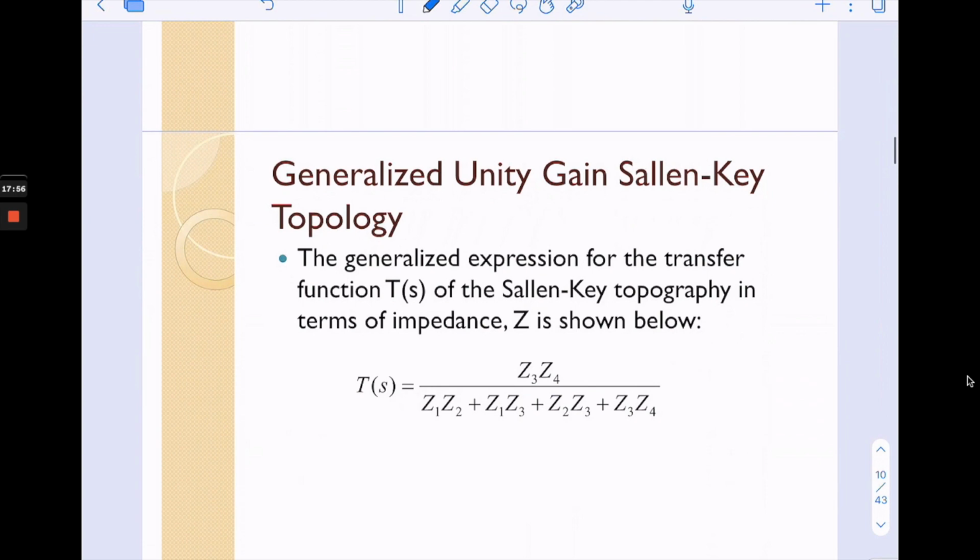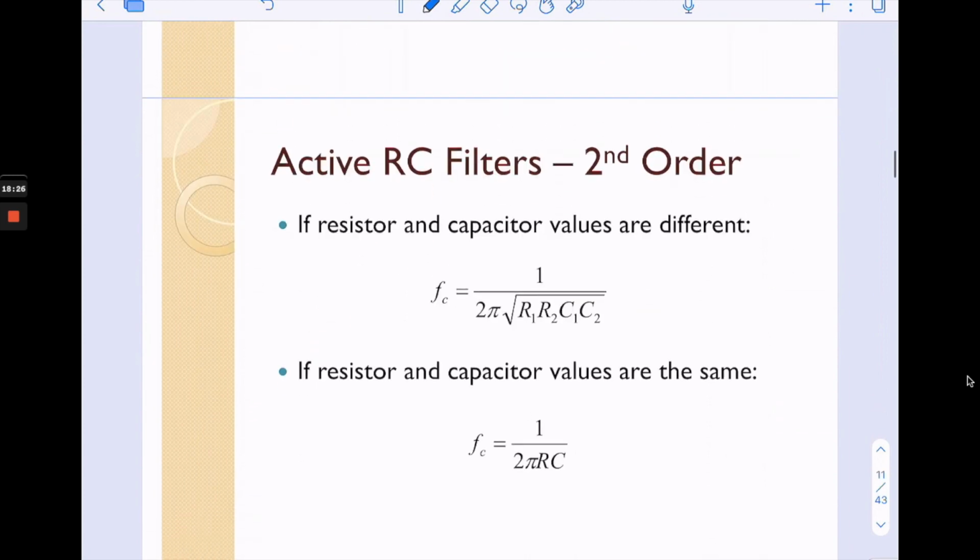So for this generalized topology of a Sallen-Key filter, the transfer function Vout over Vin of the system is given by Z3 Z4 over Z1 Z2 plus Z1 Z3 plus Z2 Z3 plus Z3 Z4.